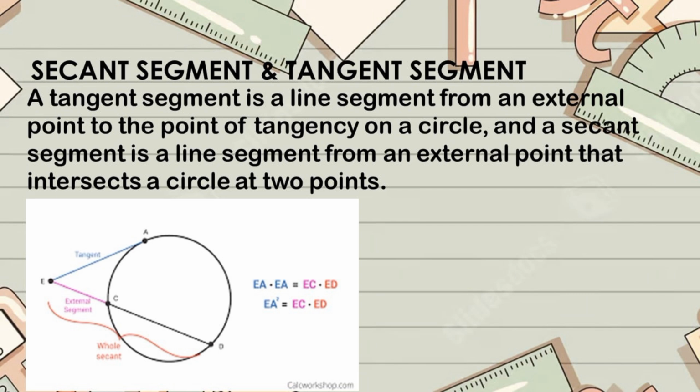If you see, there is a secant segment too, but the tangent is the line outside. The point is E and A is a tangent, then E to D is a secant. We use the equation EA times EA equals EC times ED, or EA squared equals EC times ED. Let's find out how to solve it.